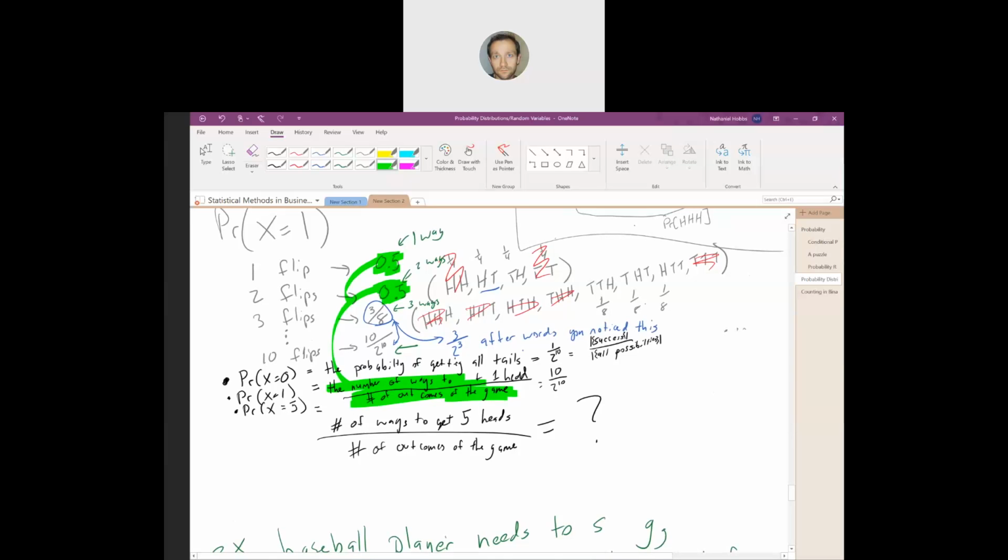How do you get these two 0.5s from that same thing? I'll leave that for you as an exercise. We did it here for 3 flips and for 10 flips. This is really, what does the numerator mean and what does the denominator mean? And can you come up with what a numerator and a denominator would be for each of these? That's a good exercise to check your understanding.